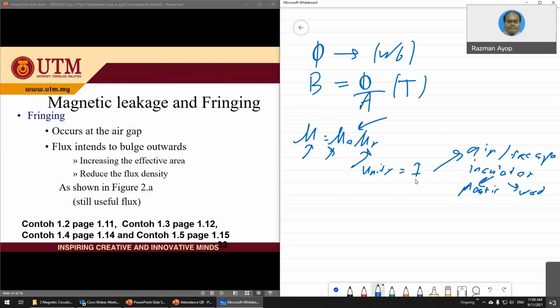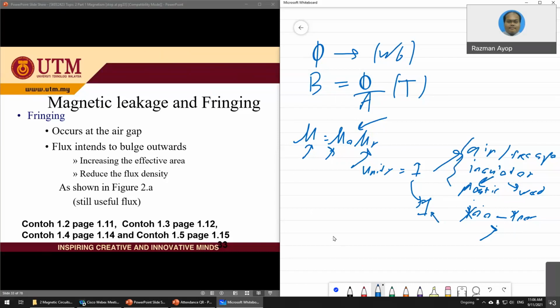For metal it can be 1, and sometimes it can be 100 to 1000, depending on the material. This one is called ferromagnetic material, and this one is usually a conductor. For this case you will usually be given the value, but for this case make sure you know, this one is always 1.